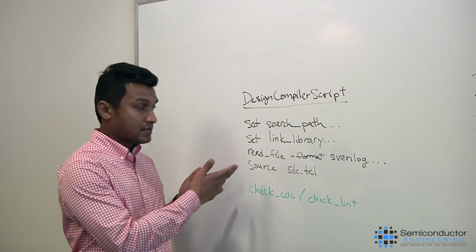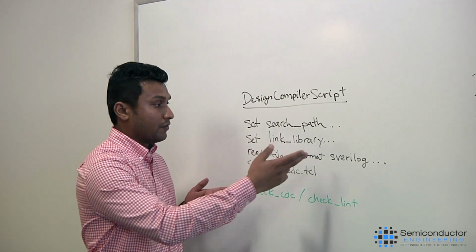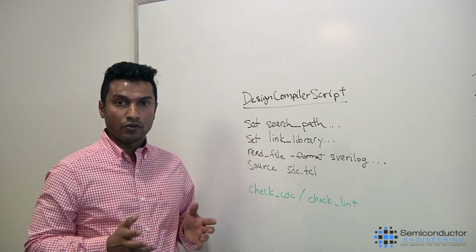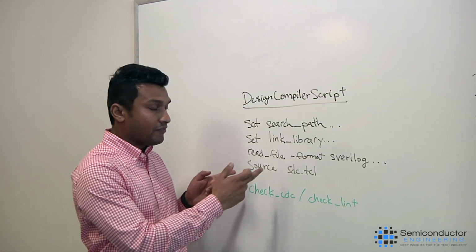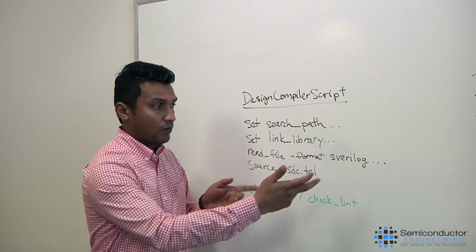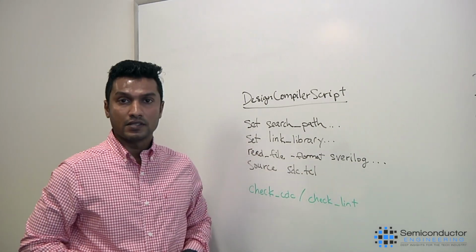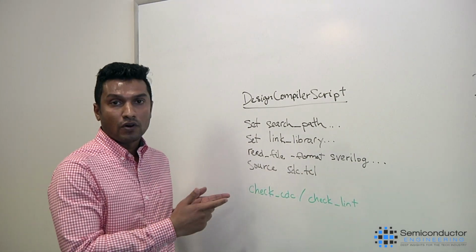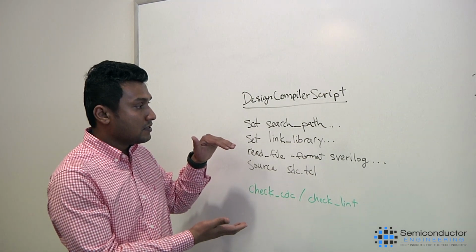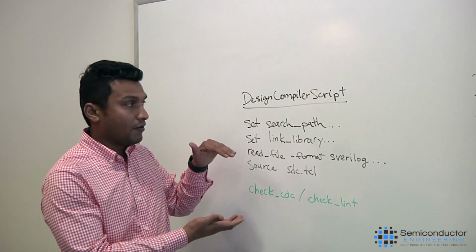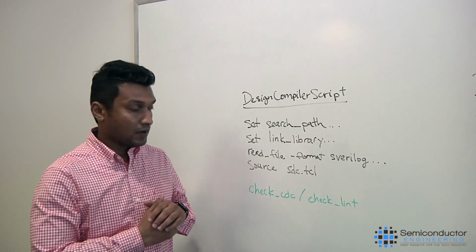Then you will set link library with all the DB lists that you want to read in for the design compilation. Then you will have read file command with format, Verilog or whatever, with the list of design files. Then you will source your SDC file. So this is a common set of commands that you have for a Design Compiler script.